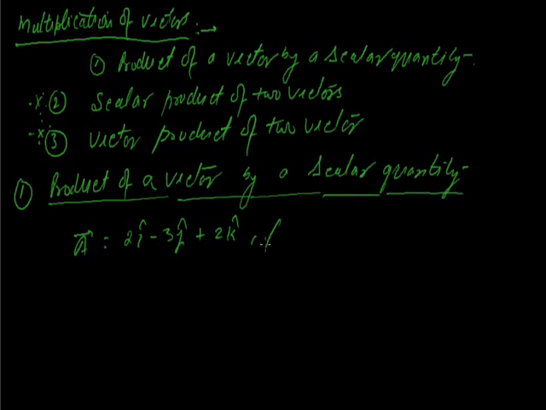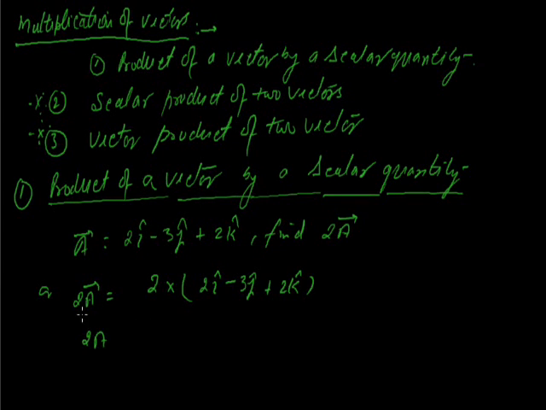We have to find 2A. It means we have to multiply vector A by 2. So 2A is 2 into (2i minus 3j plus 2k). That's 2A will be 4i minus 6j plus 4k.